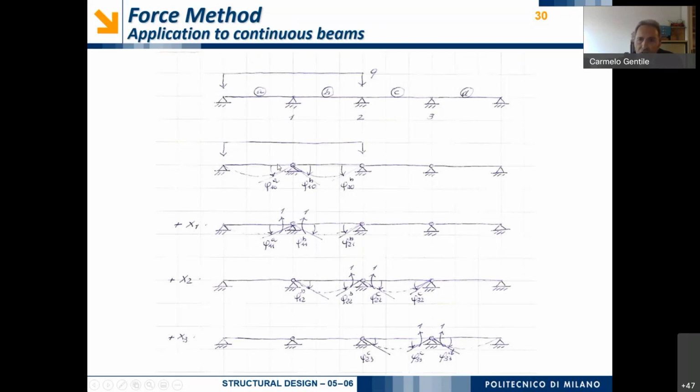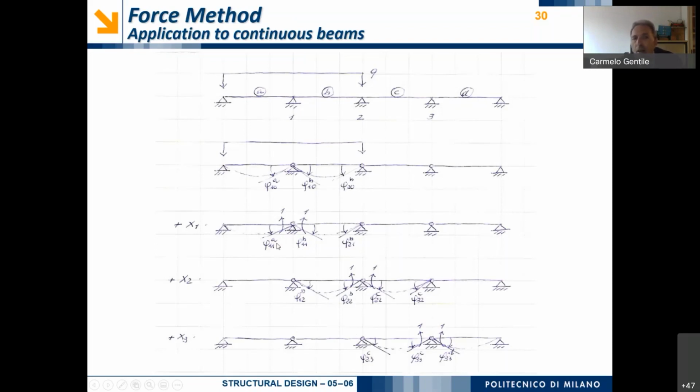The first is belonging to beam A, and the second one is belonging to beam B. Of course, we have also to consider what happens in point number 2. And in point number 2, we have a rotation that is denoted as phi20B. Afterwards, we have to consider the effect of the first redundant action x1 made equal to unity.